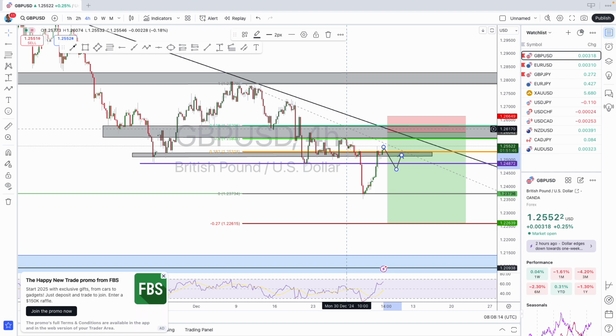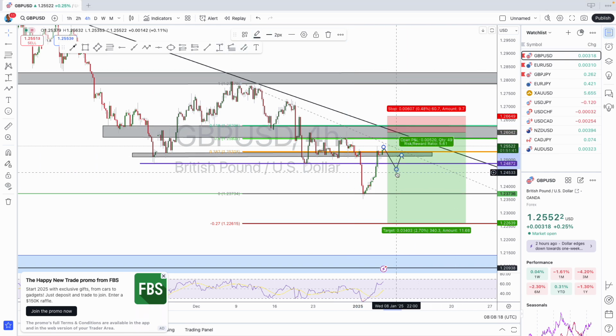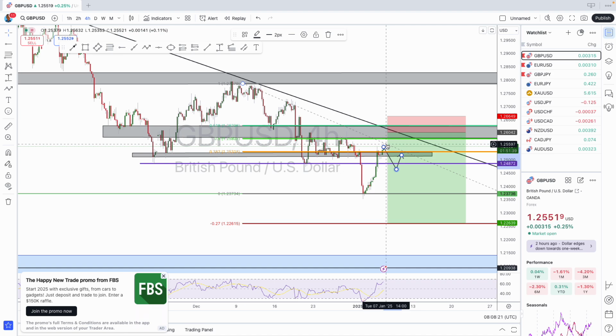SL will come above all of this, and then we continue heading to the downside. So either way, I am still very much bearish on GBPUSD.